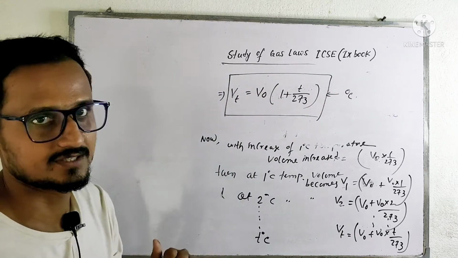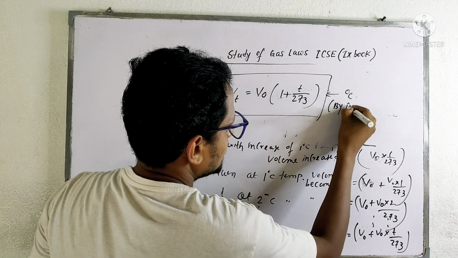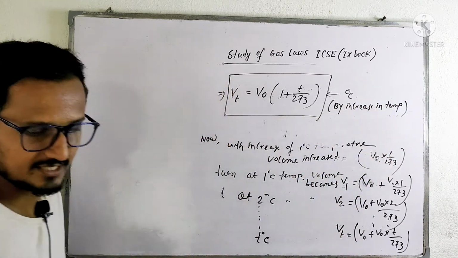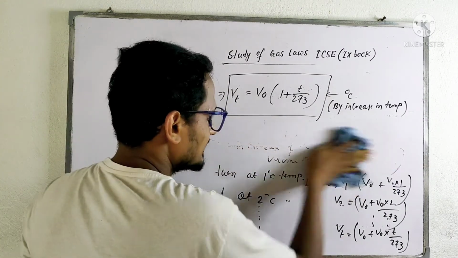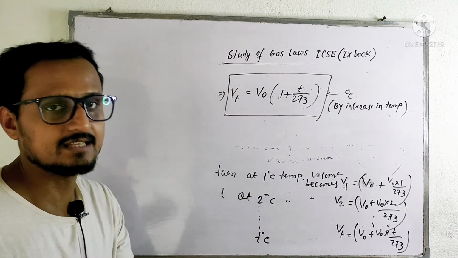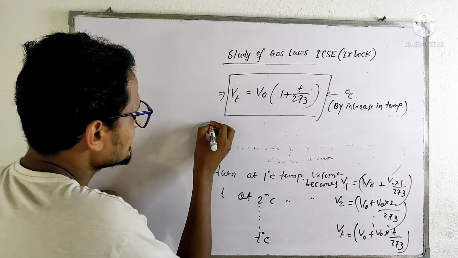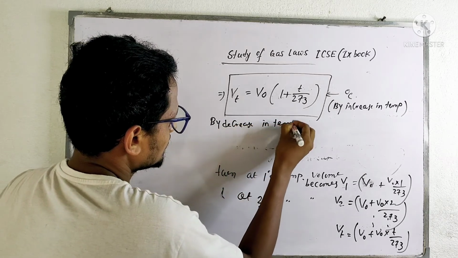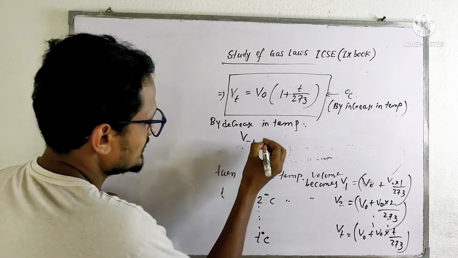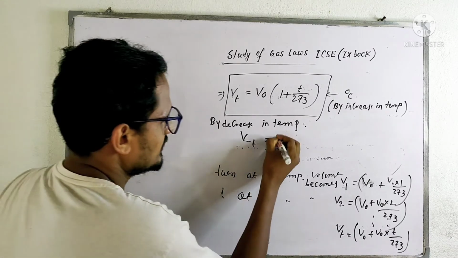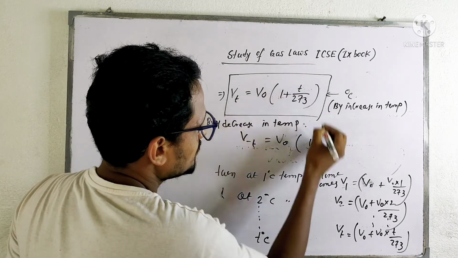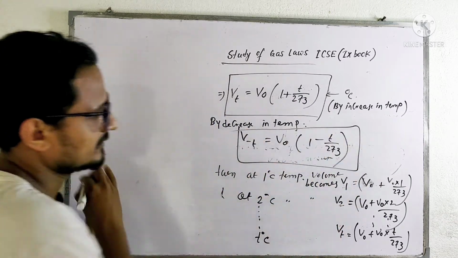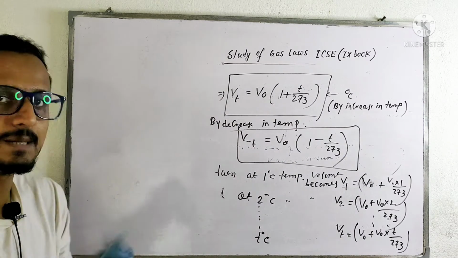If you decrease the temperature by 1 degree centigrade, then volume will decrease again by 1 by 273 part. So by decrease in temperature, it will be Vt equals V0 into 1 minus T by 273. Instead of plus T we have to write minus T. So this formula will be applicable if you decrease the temperature.